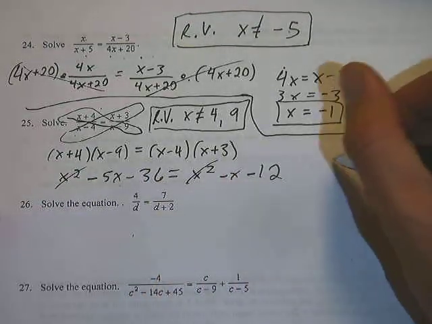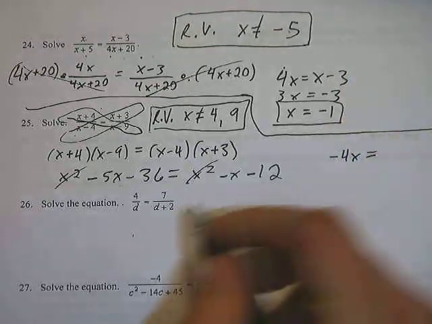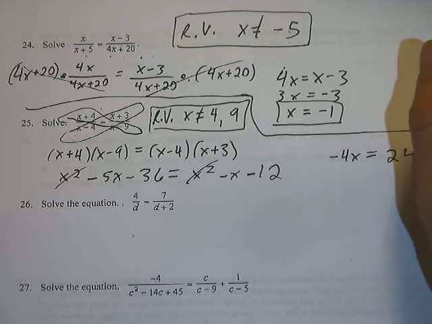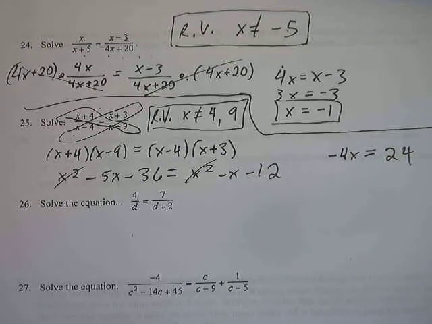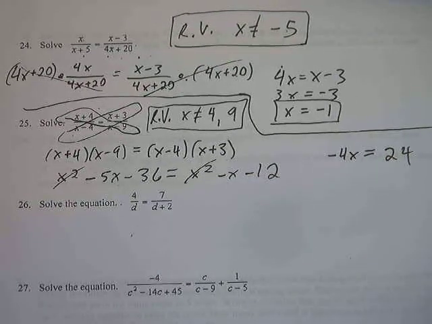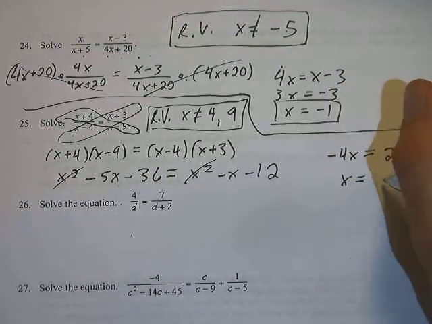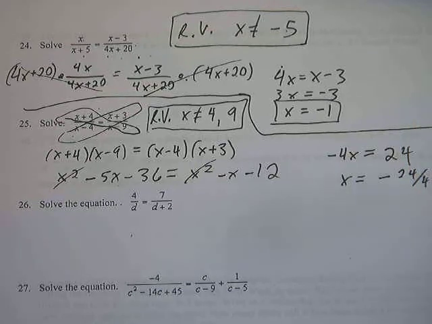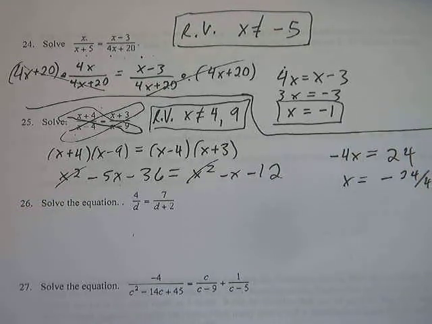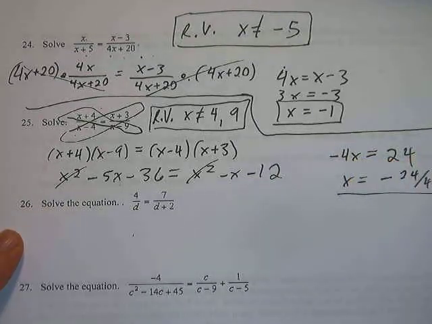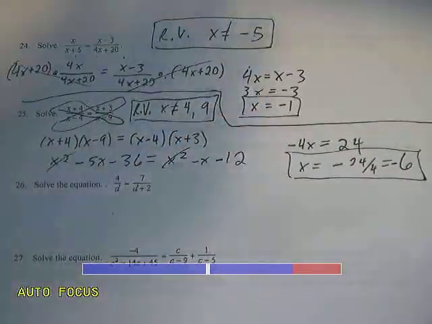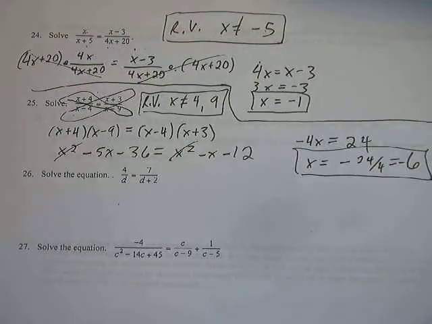Then I'm going to add x to both sides and add 36 to both sides to get negative 4x equals negative 12 plus 36, which is 24. When you divide both sides by negative 4, you end up with x equals negative 24 over 4, which is negative 6. It's not a restricted value, so it's the answer.